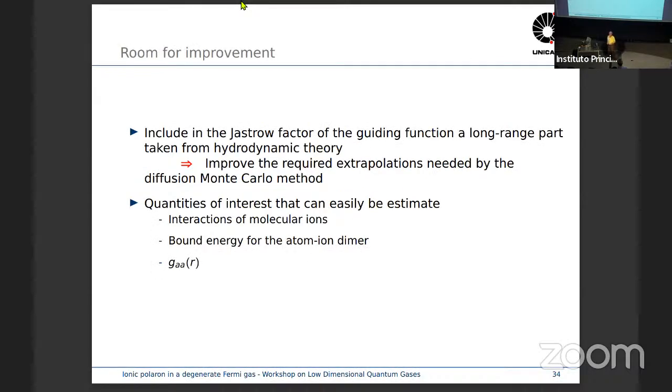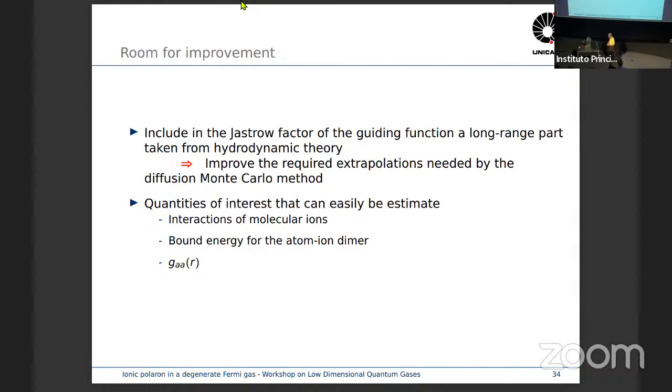There is room for improvement in this work. In our wave function, we can use a guiding function with a long-range part taken from hydrodynamic theory that will take into account phonons in our system. This will improve our results.